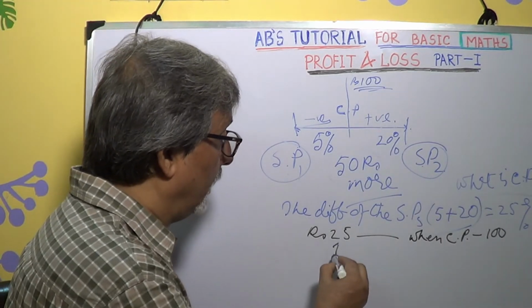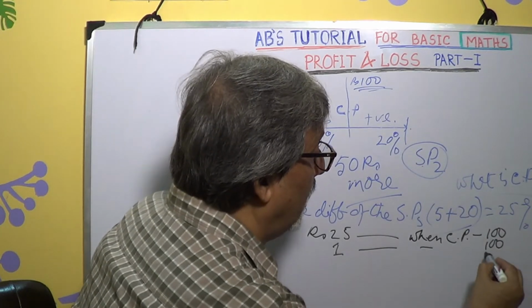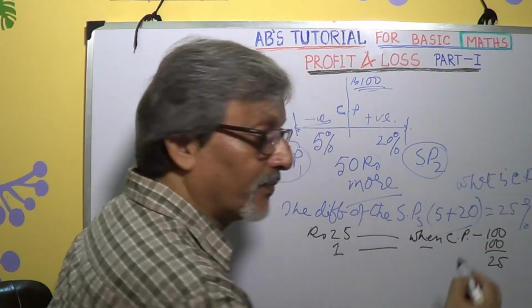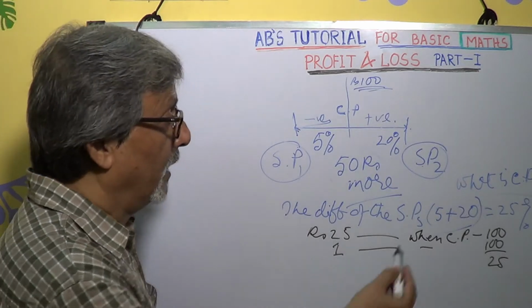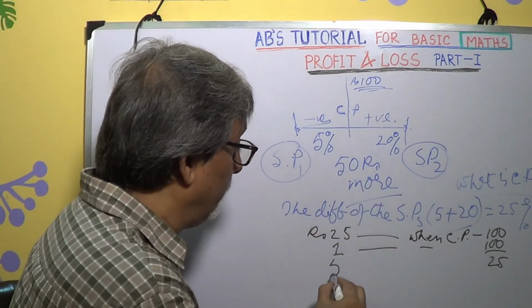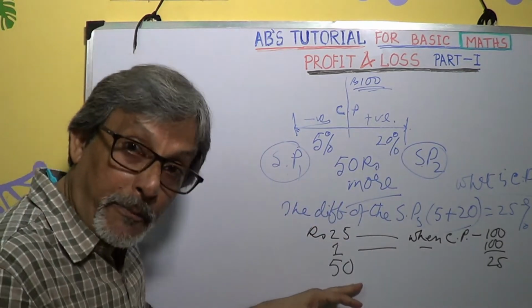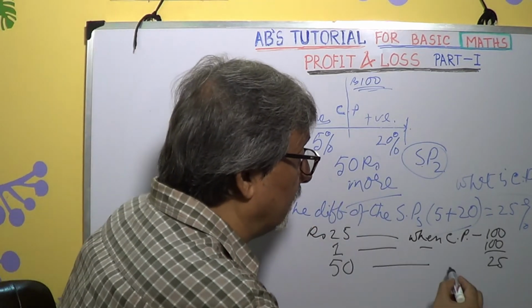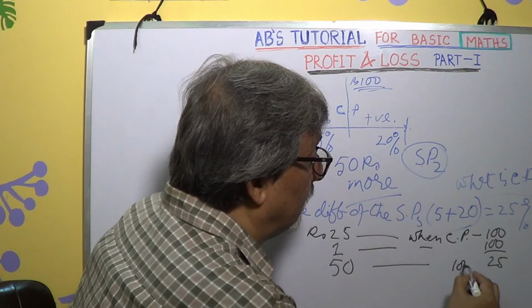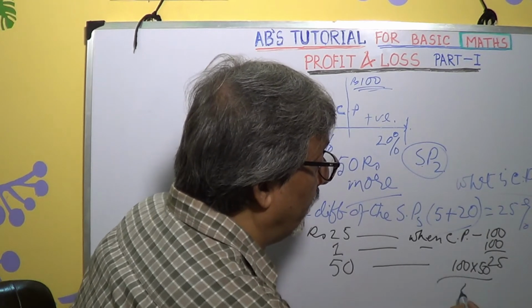Now, what will be in case of 1? This is 100 by 25. And what will be given in the problem? It is given in the problem that the difference is rupees 50. So when rupees 50 is the difference, what is the cost price? Now 100 into rupees 50 by 25.